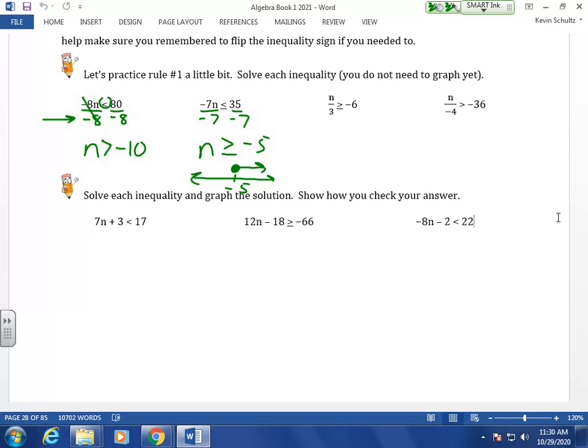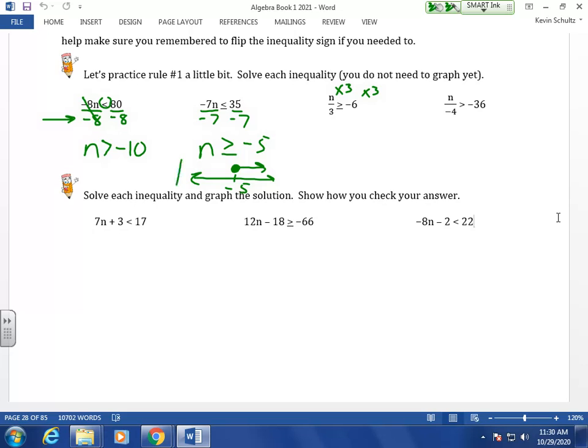Okay. N divided by 3 is greater than or equal to negative 6. Our one step to solve this, since we're dividing n by 3, we're going to be multiplying both sides by 3. Are we going to be flipping our inequality symbol? Julia? You do need to graph it.